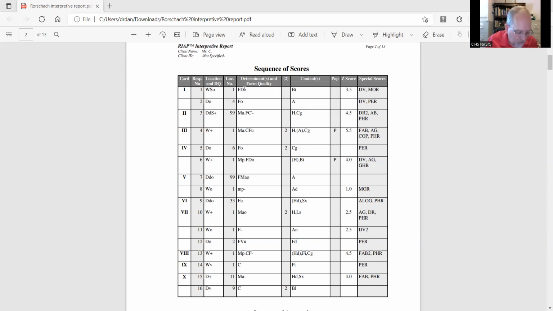And the example they give in the book here is, for instance, if the individual describes seeing a dog in front of or behind a tree. So it gives you a sense of what you're looking for here.